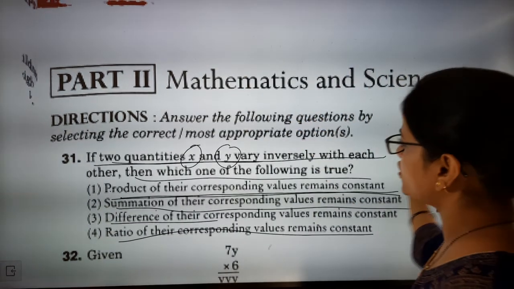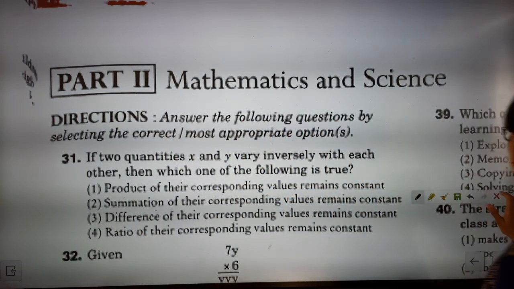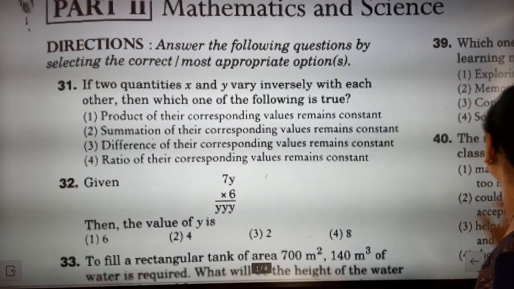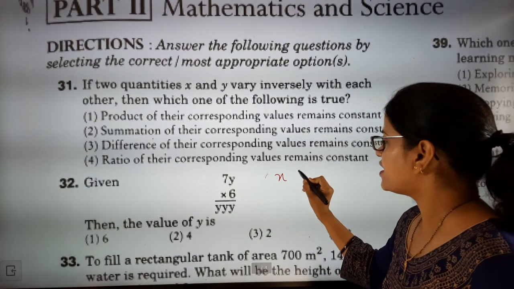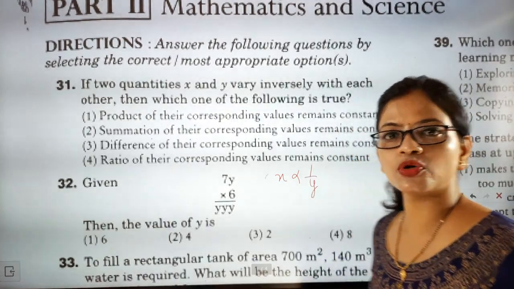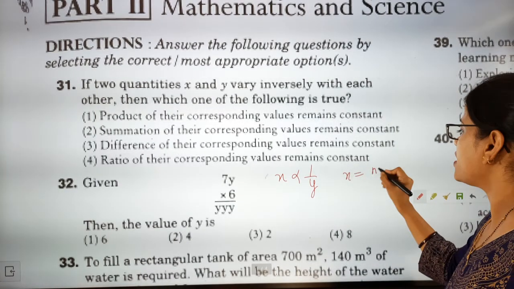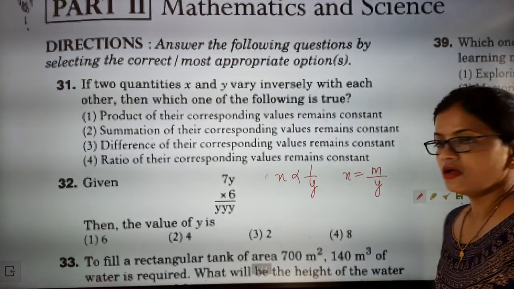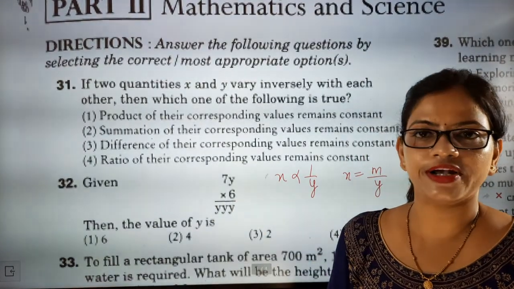So first we are going to understand the condition. What is the condition given here? The most important condition given here is x is inversely proportional to y. To remove the sign of proportionality, we write x equal to m by y. Why? Because proportionality is not the sign of equality.